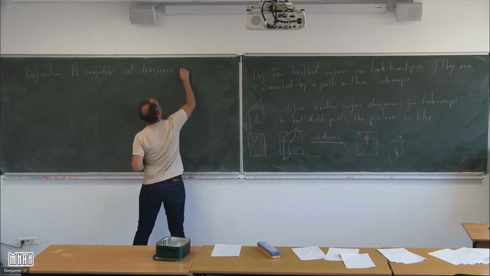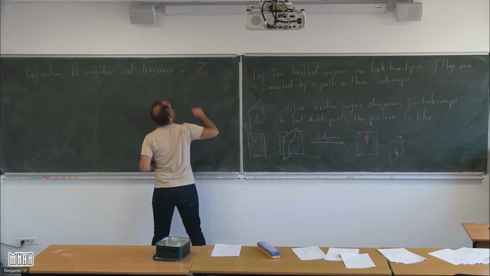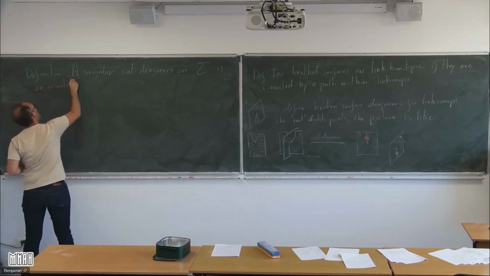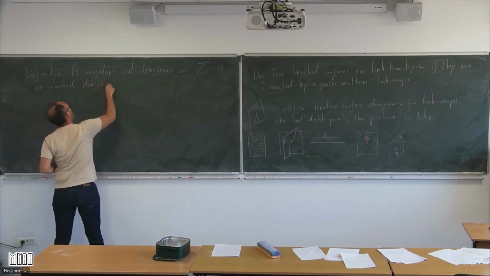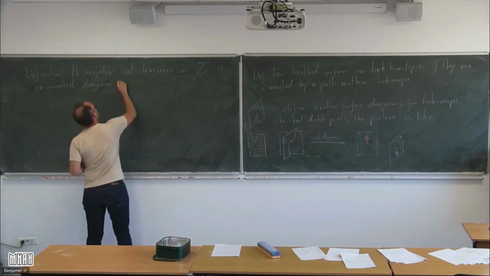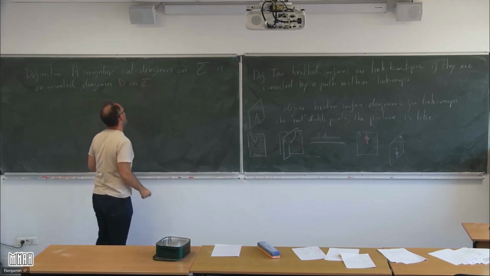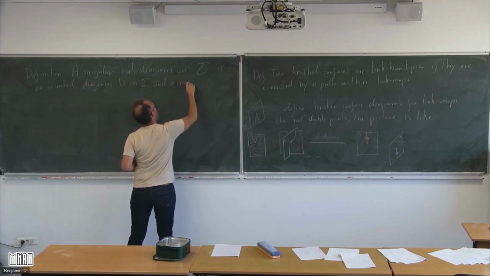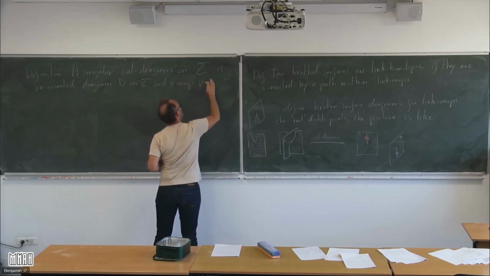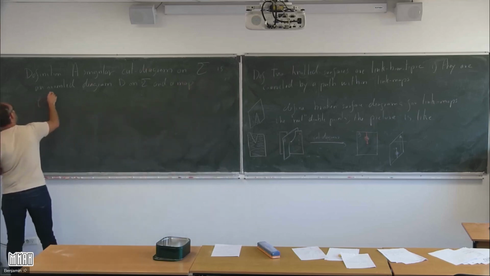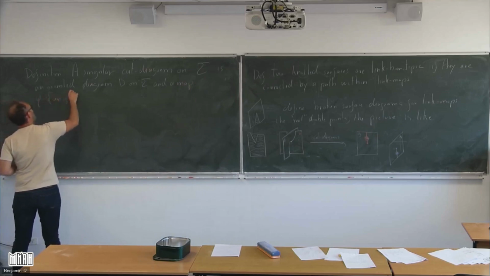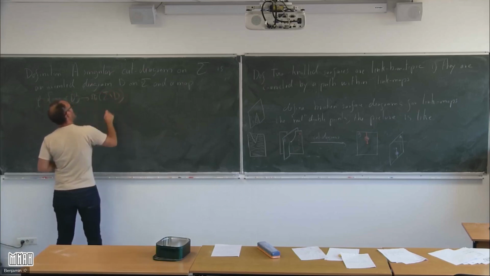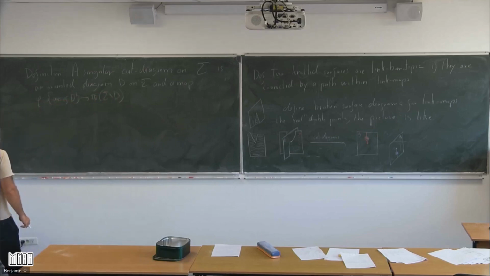So a singular cut diagram on the surface sigma is an oriented diagram D on sigma and a labeling map P from the arcs of D to the connected components of the surface minus the diagram.